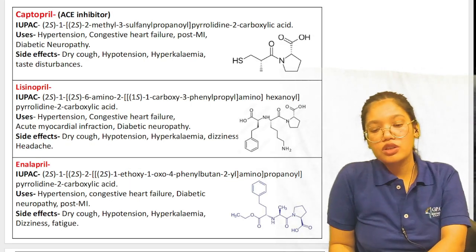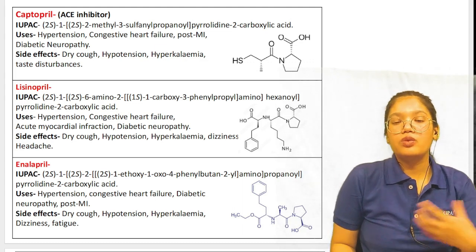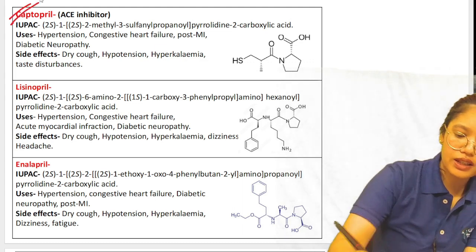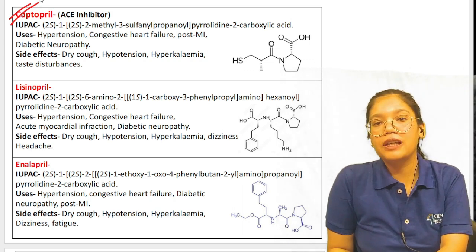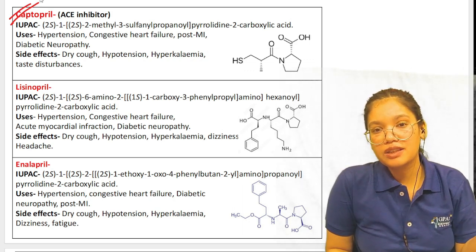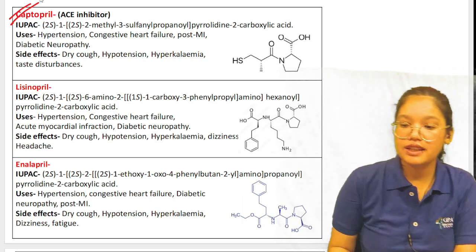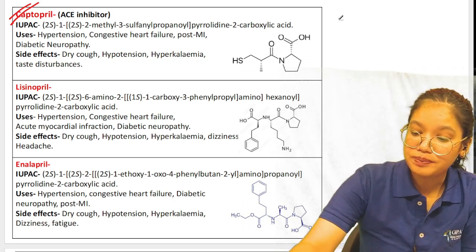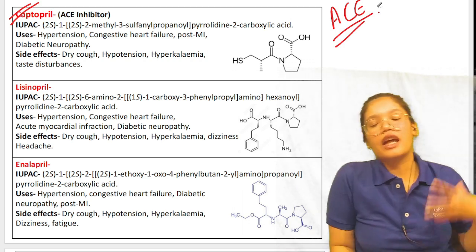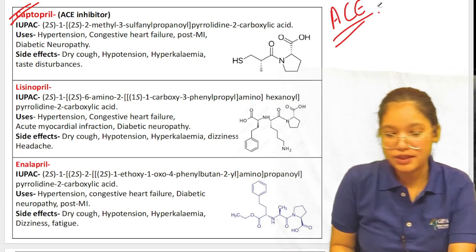Now moving forward to the drugs, one by one we will discuss here. Okay, so first is captopril. Now it has pril in its suffix. I've already discussed that the suffix pril comes under the ACE inhibitors, the angiotensin converting enzyme inhibitors, that inhibit the RAS system.